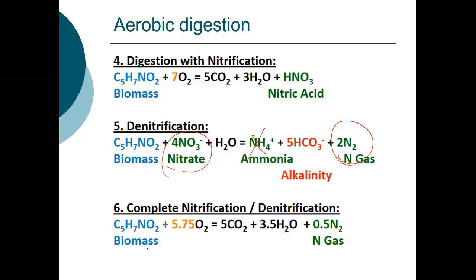So you can see we need a significant amount of oxygen. We convert the carbon to CO2, and we're converting the nitrogen to nitrogen gas. So essentially that's what's happening in an aerobic digester.